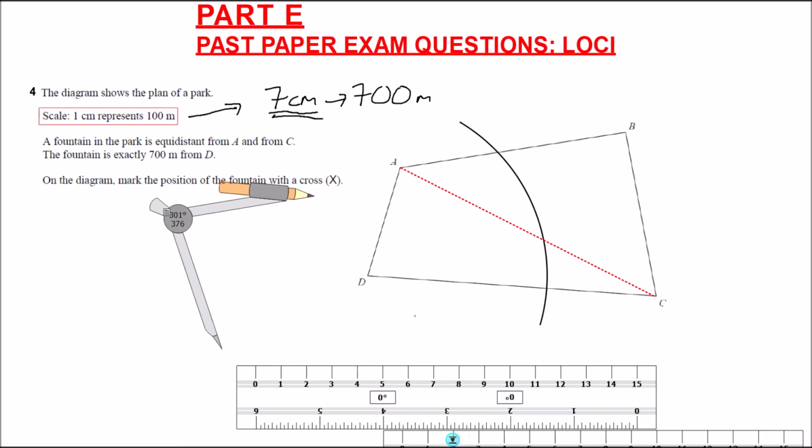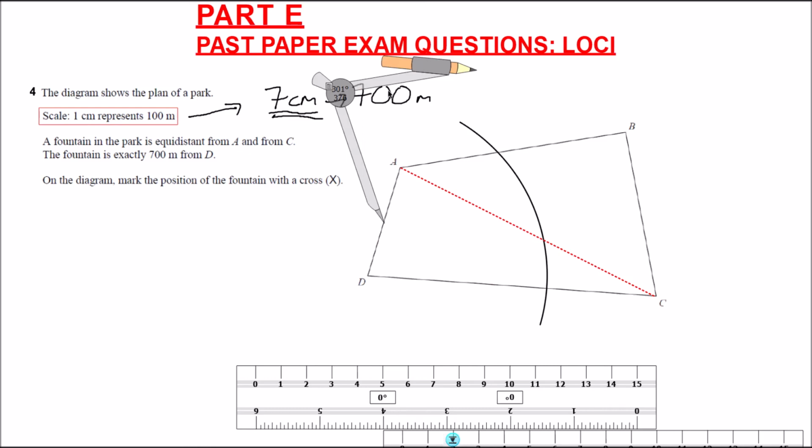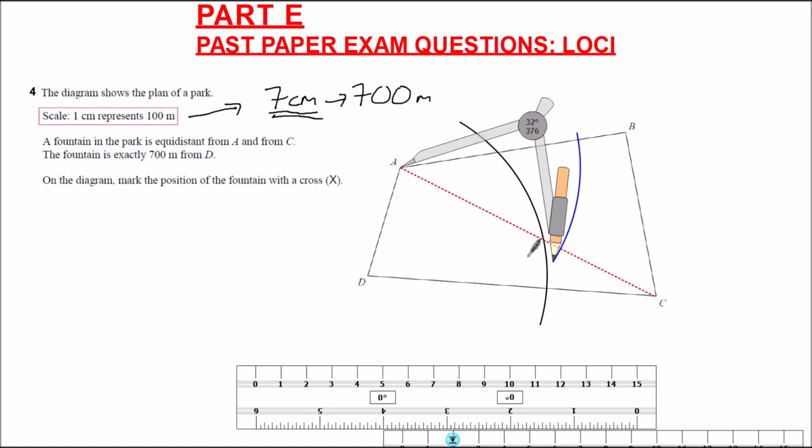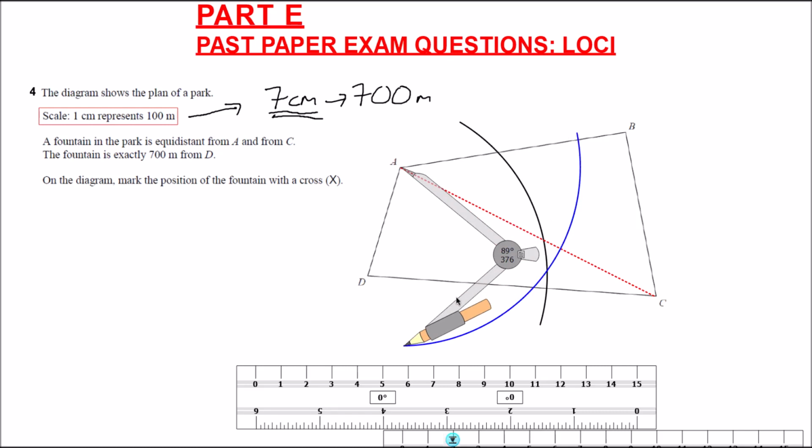So to do that, we're going to get the compass needle, pop it on top of A, and do a big curve above and below A, like this.